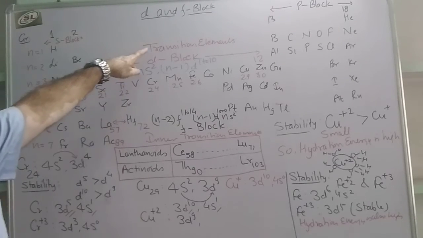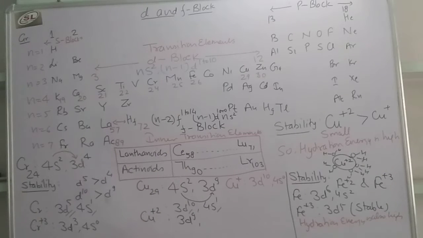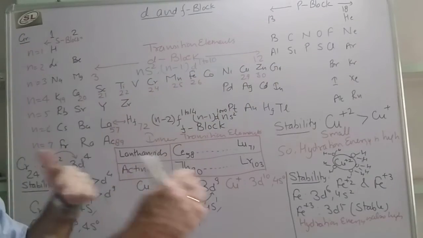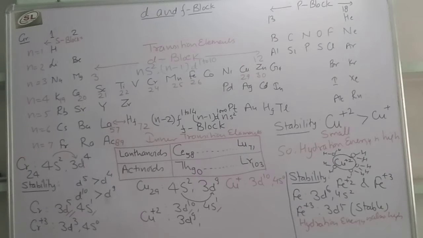D block elements are called transition elements because their properties transit between the S and P block. If the size of S block elements is more and P block elements is less, then their size will be in between S and P. So every property will transit between S and P, so they are called transition elements.